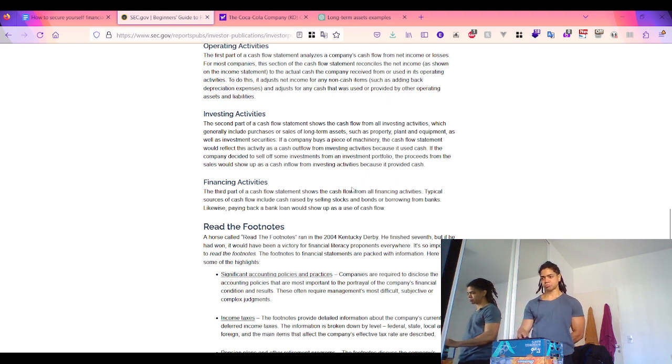And typically, sources of cash inflow from financing activities include cash raised by selling stocks and bonds, or borrowing from banks.